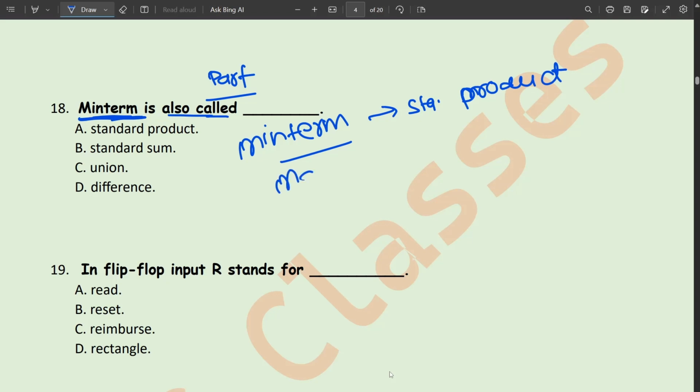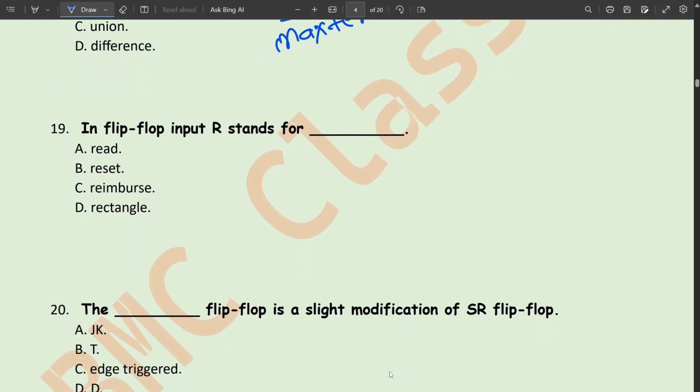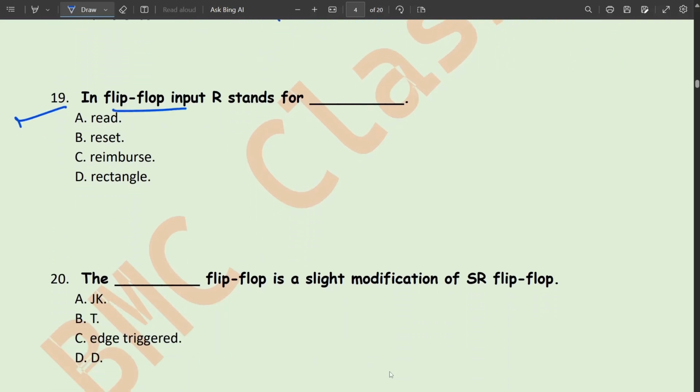And whenever you see maxterm, the answer will be standard sum. So here the answer is option A, standard product. Next. In a flip-flop, input R stands for reset. Option B is correct.